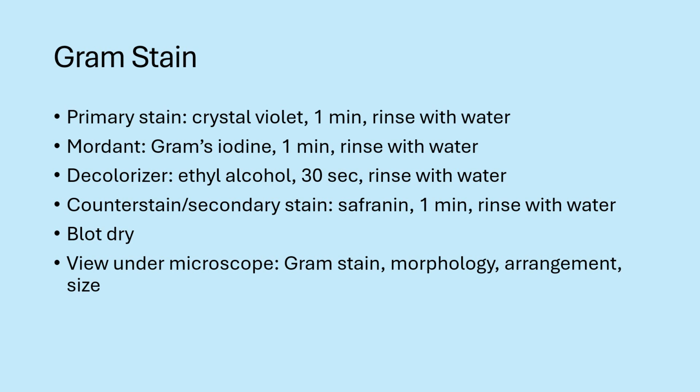Some people will add the alcohol until the slide runs clear. I find sometimes you add too much alcohol. So this is going to decolorize, and we will later talk about, both later in lecture and also in lab, why each of these steps is so important and what is actually happening.